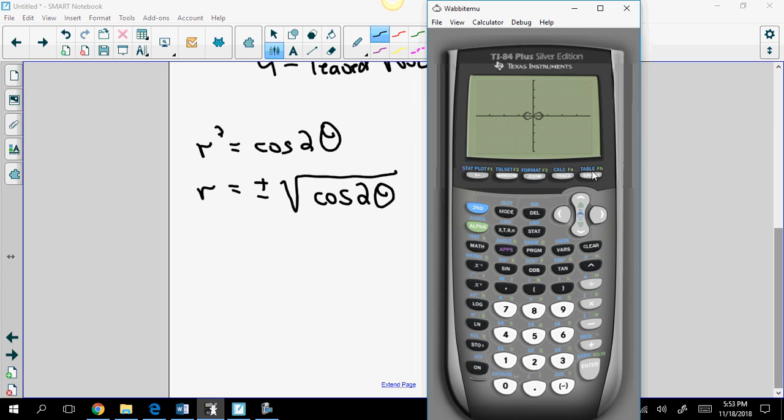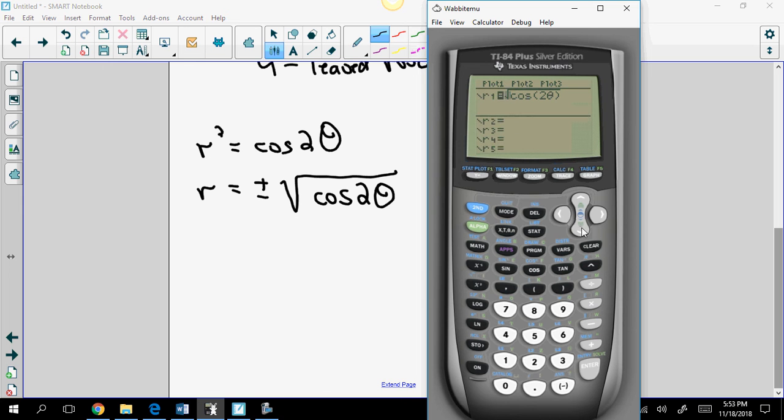All right, let's try zoom trig. All right, let's zoom in. Pretty cool. The infinity symbol.